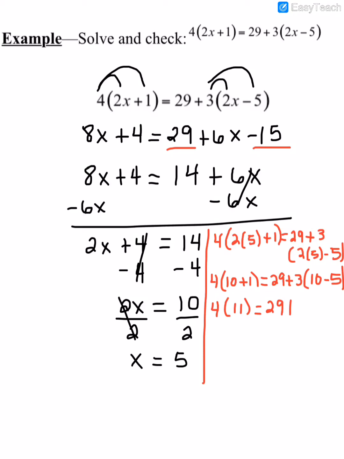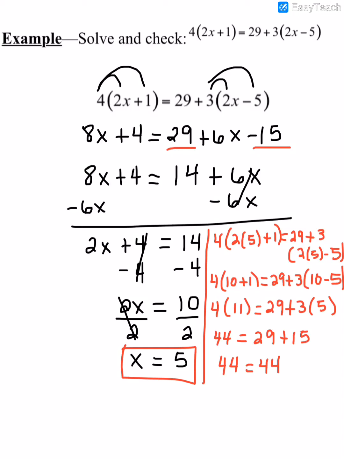And 29 plus 3 times 10 minus 5 is 5. Okay, so that's 44 is equal to 29 plus 15. And 29 plus 15 is 44. So we know that 5 checks out as a solution to our equation.